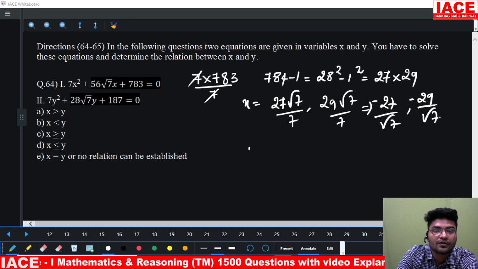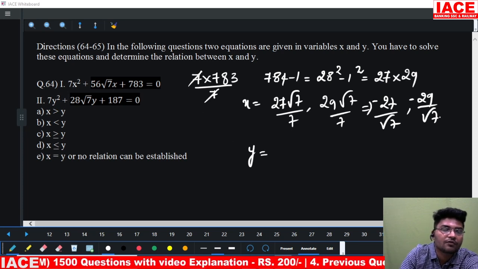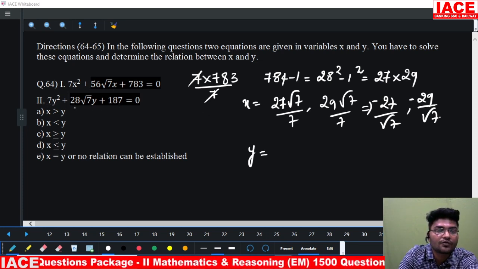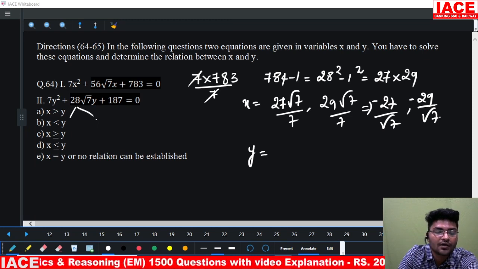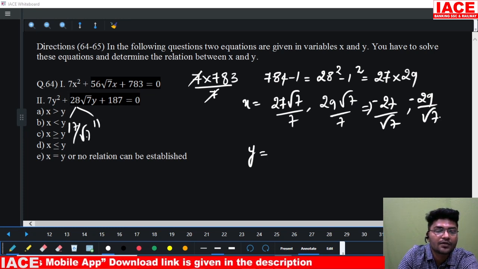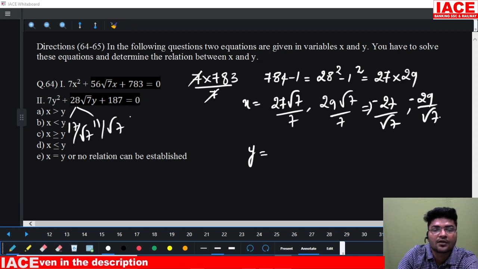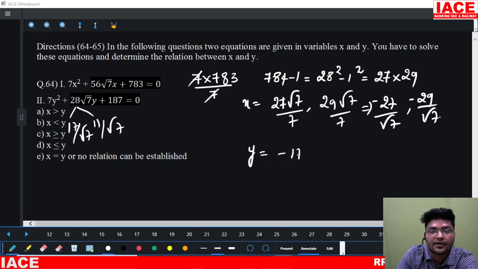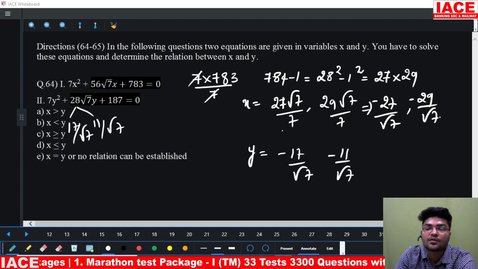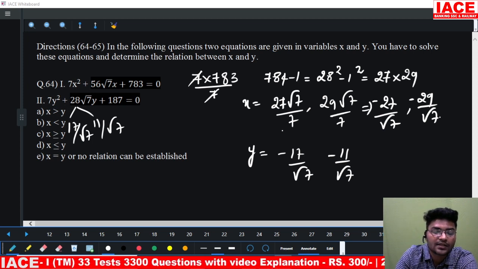Similarly for y: 7 into 187 divided by 7, so only 187 is left out. This will be divided as 17 into 11. Finally we get 17 by root 7 and 11 by root 7, so minus 17 by root 7 and minus 11 by root 7. All the denominators are the same, so we can directly start comparing.